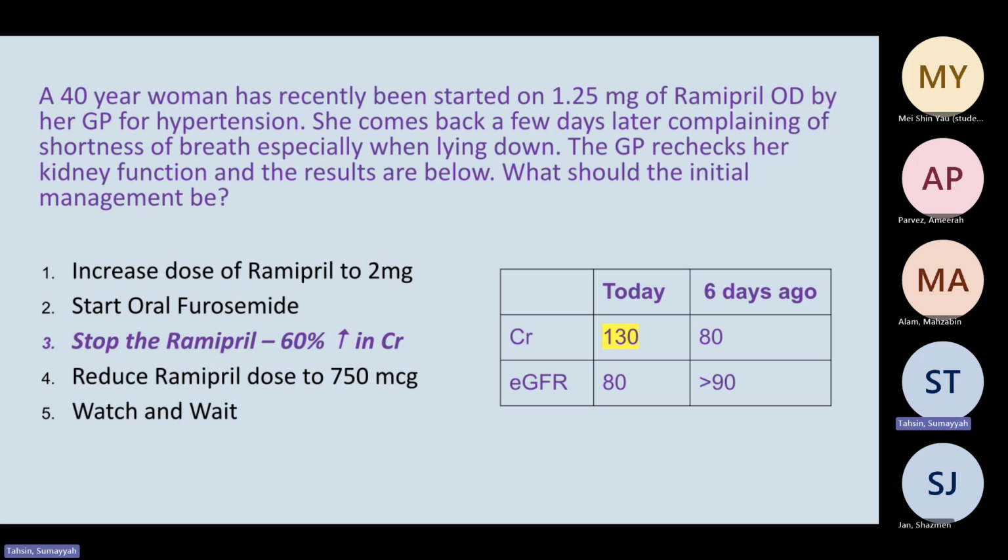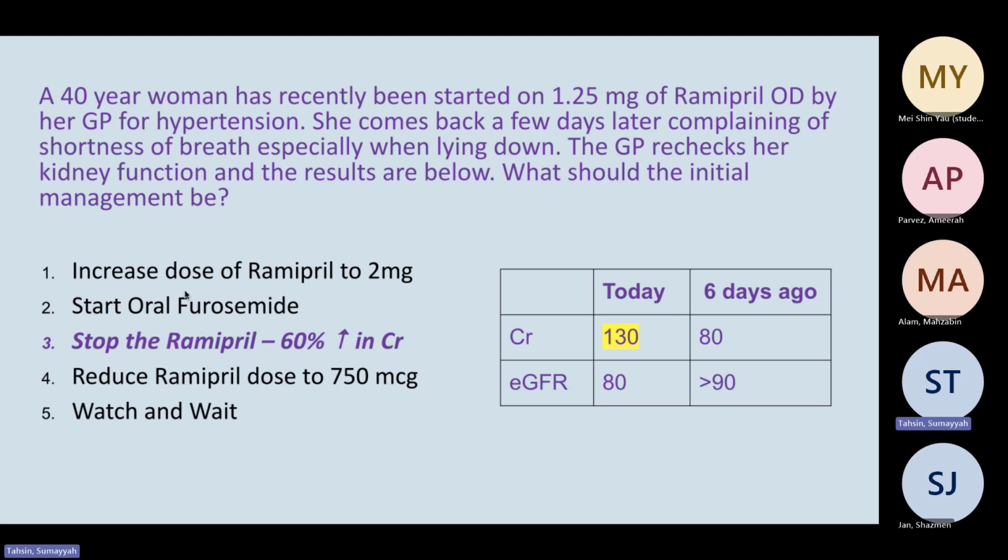So if the patient's creatinine increases more than 30% when they've been started on an ACE inhibitor, that usually means they have an underlying renal disease such as renal artery stenosis, and we don't want to give them an ACE inhibitor. So the answer would be to stop the ramipril because she's had a 60% increase in her creatinine. And then ACE inhibitors would be contraindicated in renovascular disease. So for example, if the patient has atherosclerosis or fibromuscular dysplasia or renal artery stenosis, we wouldn't start them on ACE inhibitors.